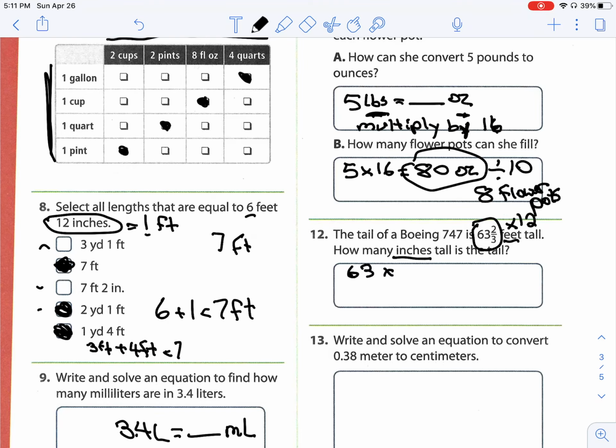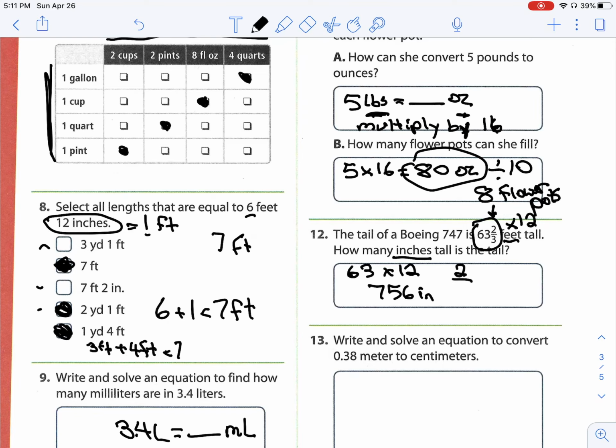63 times 12. When you do that calculation, you get 756 inches. Okay? But that's not the answer because we still have 2/3 of a foot.